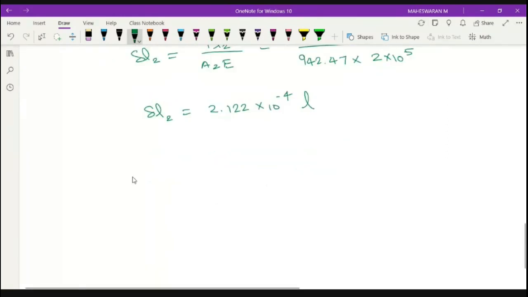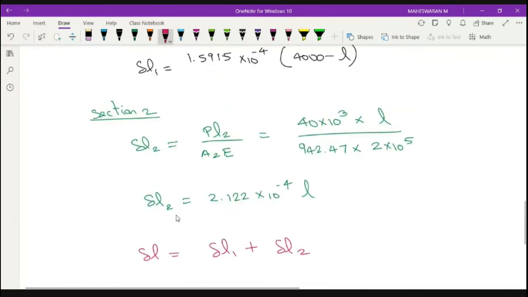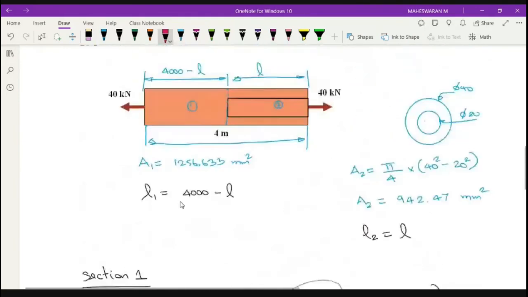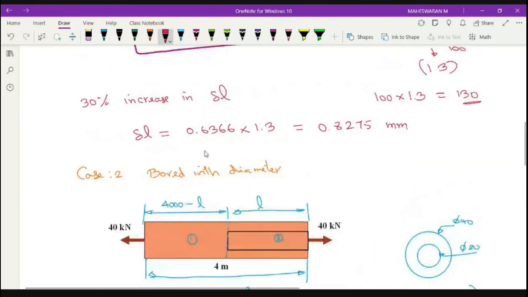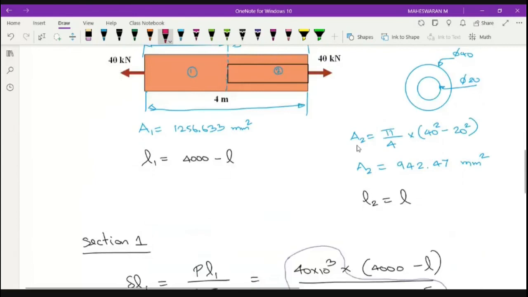Now I know that del L is equal to del L1 plus del L2. So del L is the 30% increase, which we already identified as 0.8275.